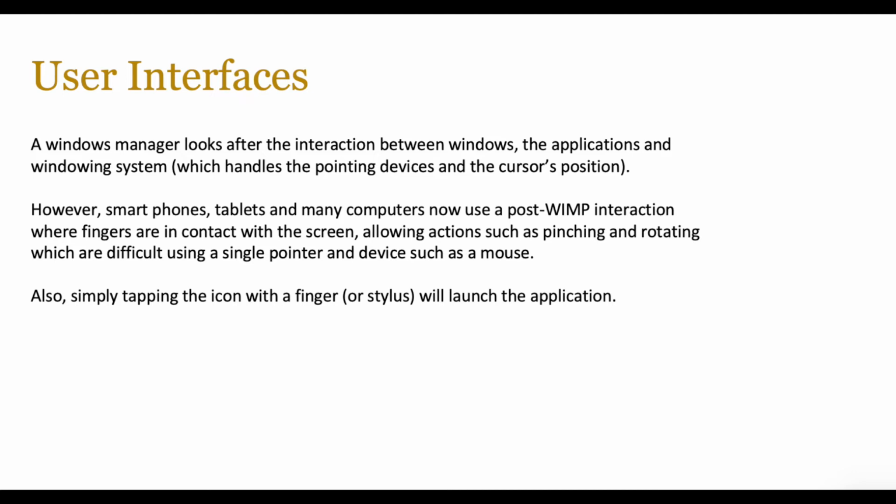These types of user interfaces are known as post-WIMP interfaces, where multiple points of contact are used to interact with the computer. And of course, you've probably seen those videos where we're now looking at going beyond that. Our voice is part of that interface, and we're also looking at virtual reality and gestures which can be detected without touching anything. So all of that is part of human-computer interfaces and user interfaces.